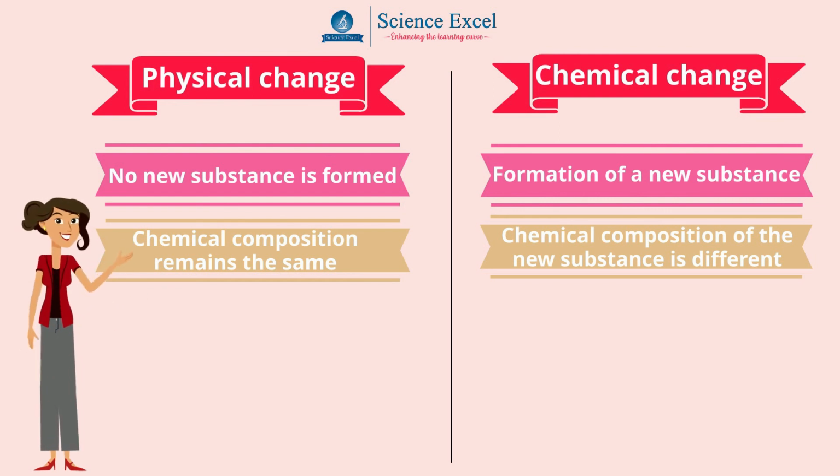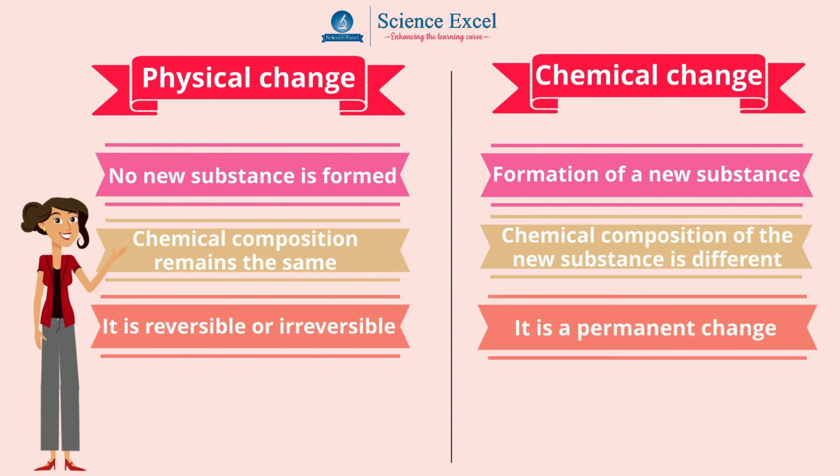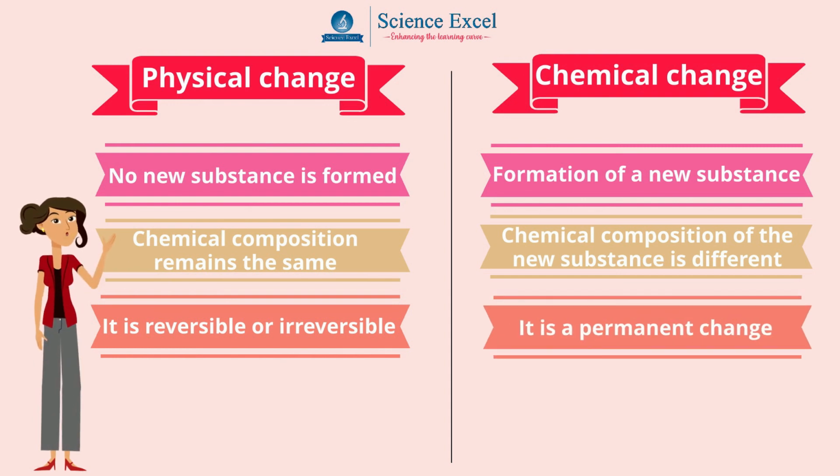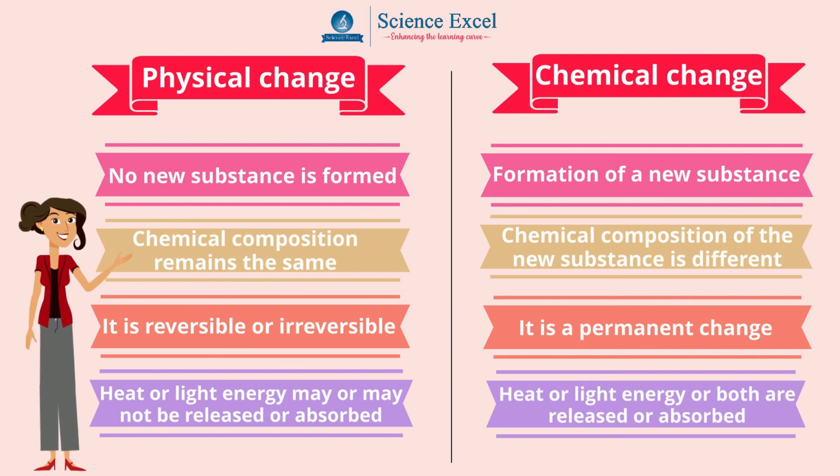Physical change can be reversible or irreversible, whereas the chemical change is permanent. Heat or light energy may or may not be released or absorbed in a physical change, whereas in a chemical change, heat or light energy or both are released or absorbed.